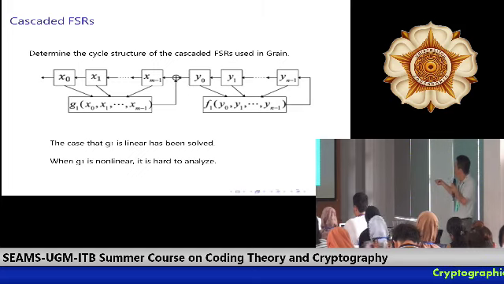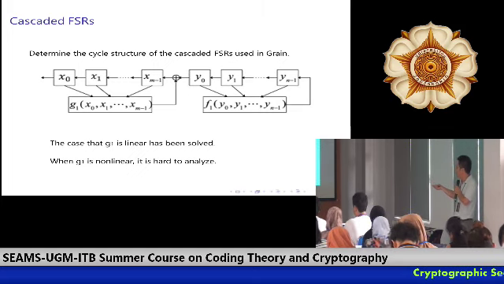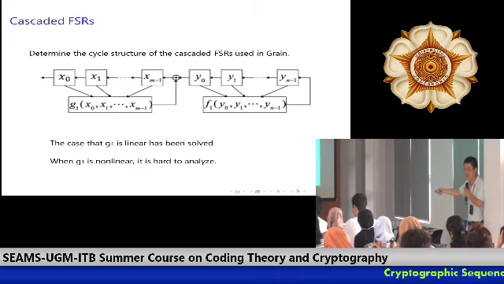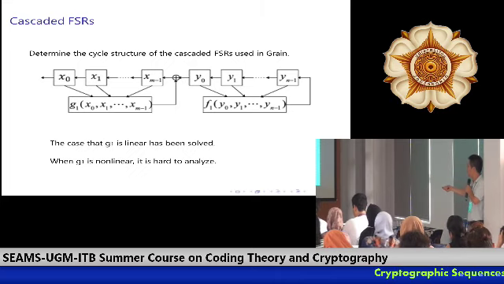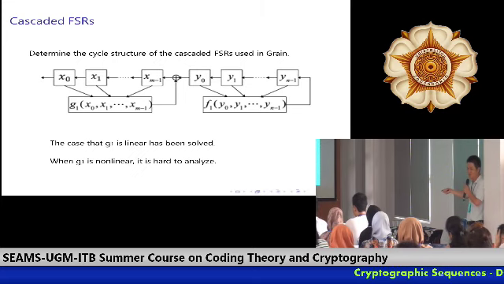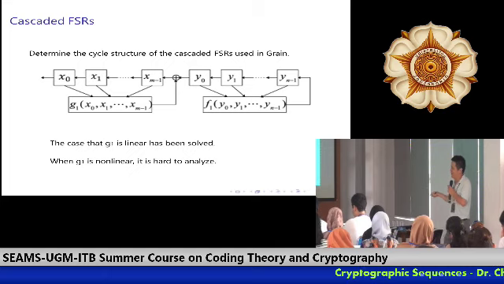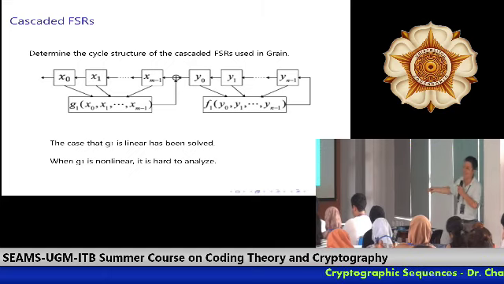So when G1, this part of the function, is linear, it's a little easy. It has been solved. But if this part of G1 is nonlinear, it's hard to do analysis.